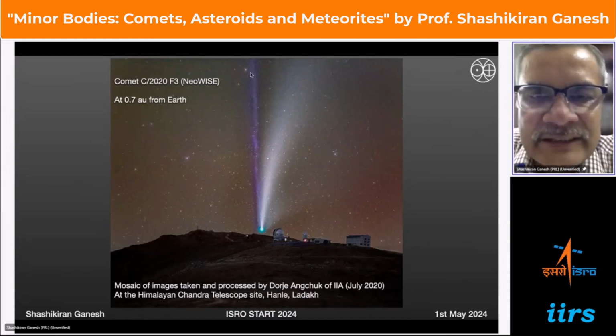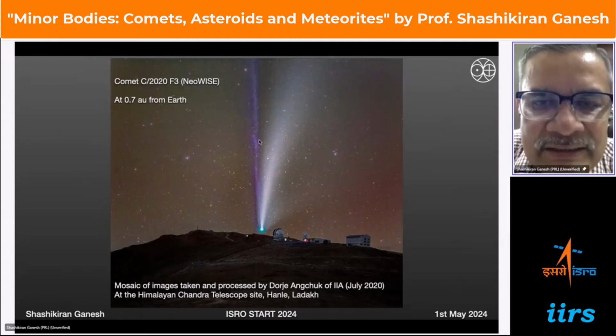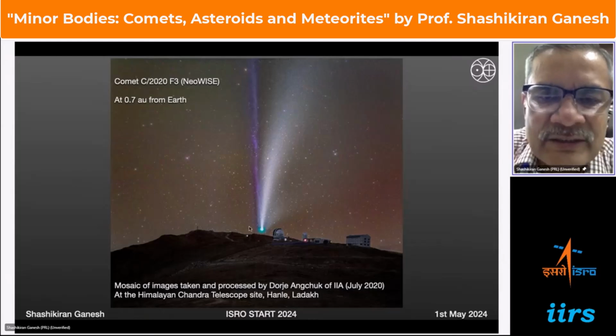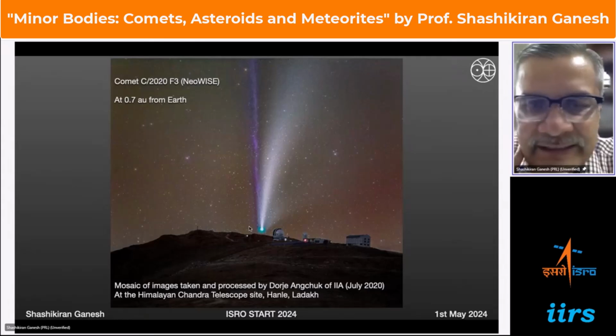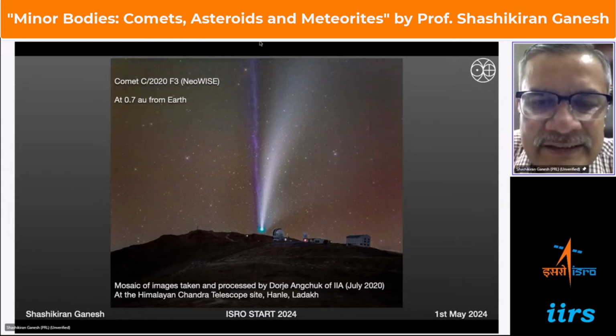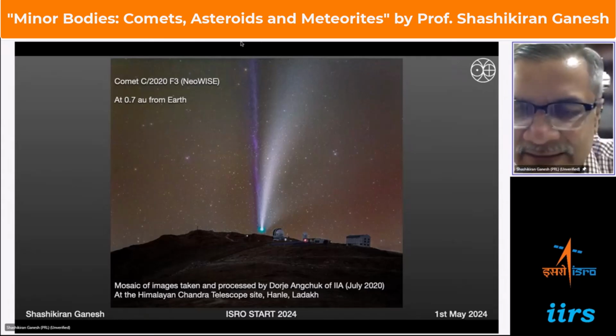So this is the ion tail. This purple-blue color tail is the ion tail, and you have the dust tail, which is curved like this. The ion tail is just pushed away by the solar wind directly, so it points radially outward, away from the sun.